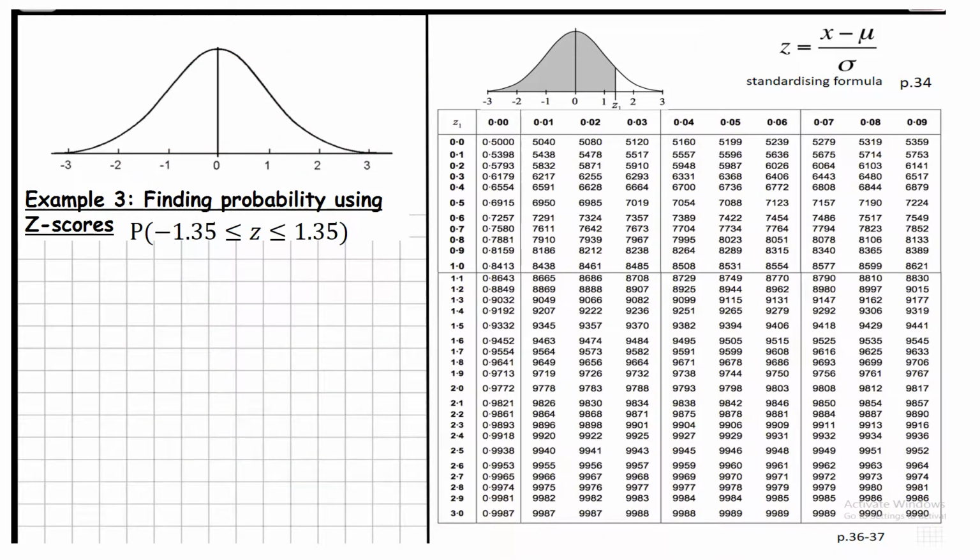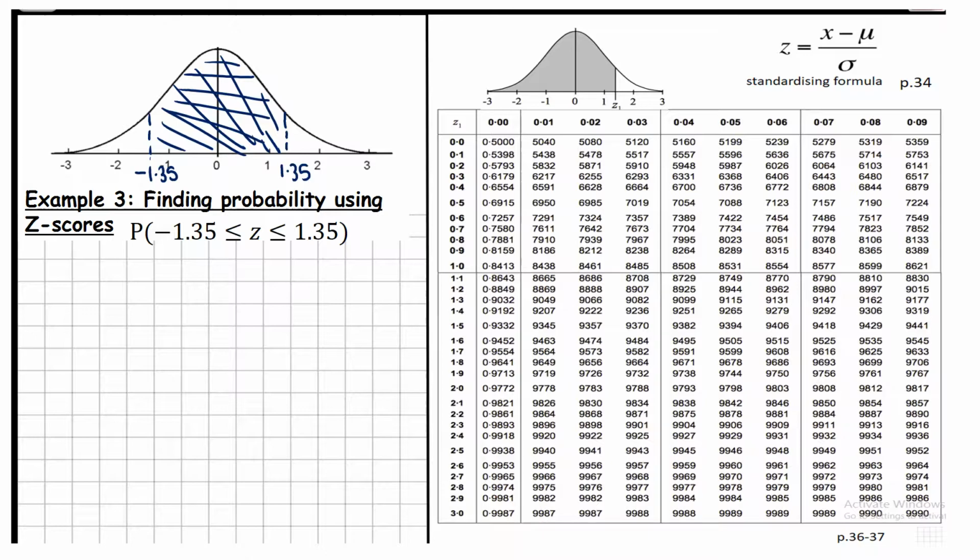So example 3 is now where we're trying to find the probability between two values. So let's put in our two values. So this one here is minus 1.35, and we have one here that is 1.35. So I am trying to find this piece here, so the bit that I've shaded in here, I'm trying to find the area of that.